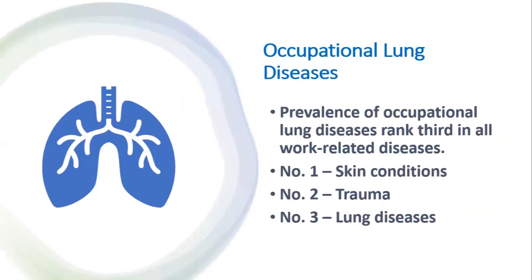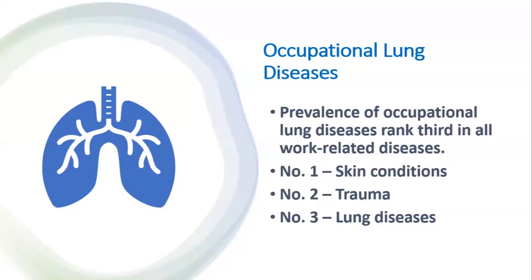I want to say at the outset that occupational lung diseases rank third in prevalence among all work-related diseases. The number one condition affecting workers is skin conditions of one type or another. Number two is trauma from various sources. And number three is lung diseases.